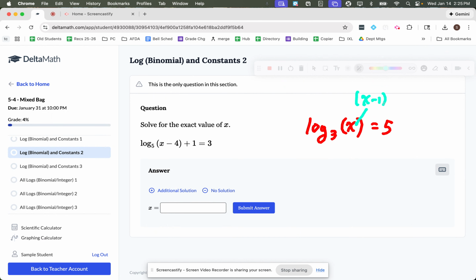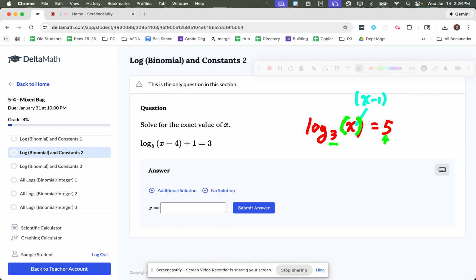So the basic structure that you want is still, I have a log with a base and I have an argument and I have something that is actually the value of the log, because your next move is to rewrite this as an exponential equation.